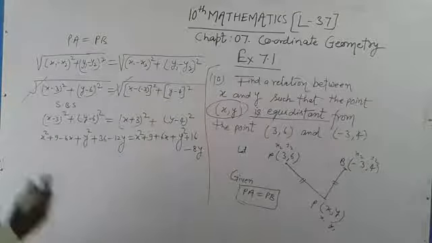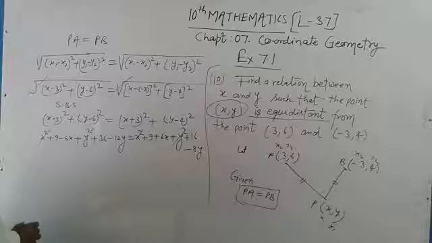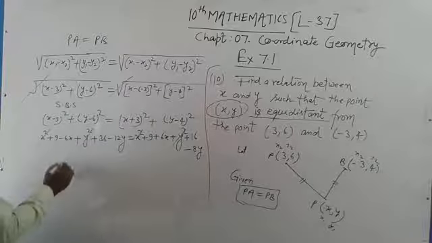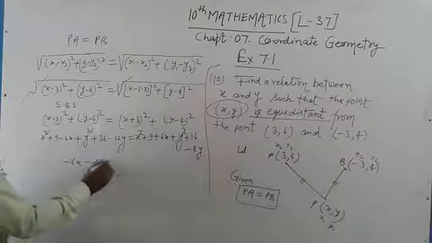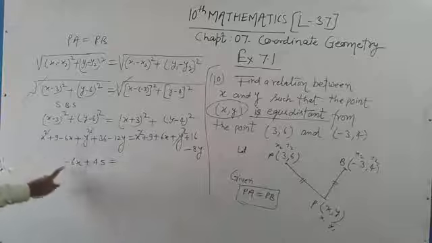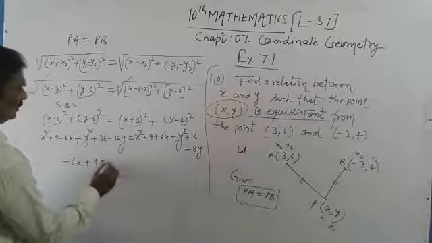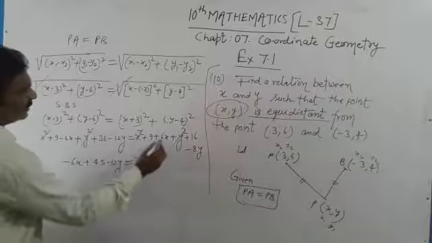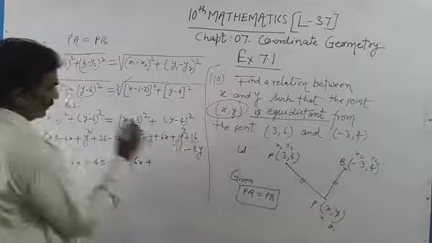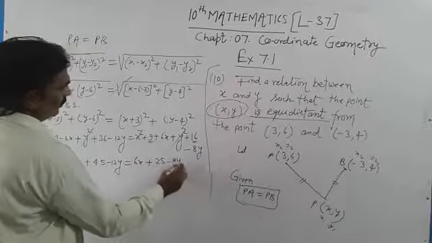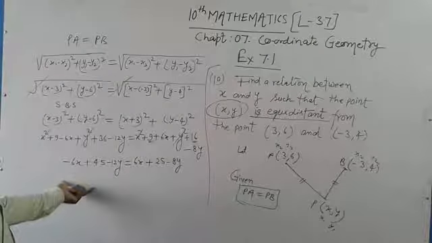Now some terms will cancel out like x square and y square, and now we will write minus 6x, and 36 plus 9 is 45, and minus 12y also, and on the right hand side 6x plus 9 and 16, that is 25, minus 8y. So these terms are on the right hand side and these are on the left hand side.